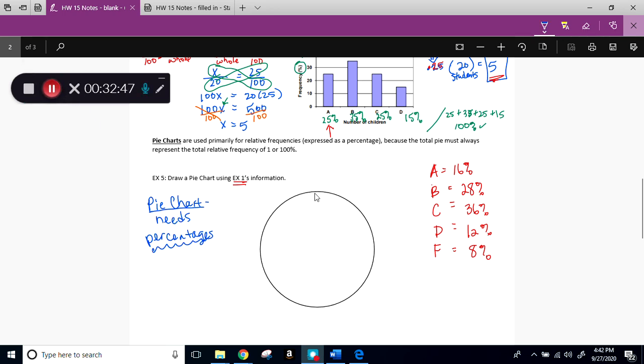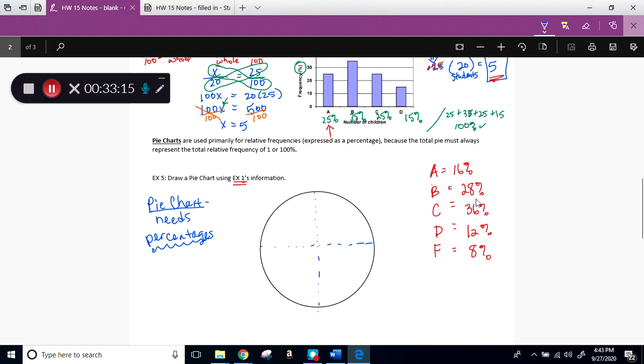So looking at this, if we look at this as kind of like a big pie, I'm putting some little dots in here to kind of see what we're looking at. I would even start with either this 28% or even the 36%.